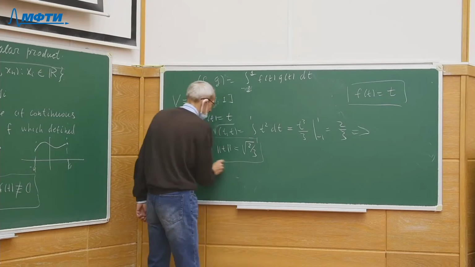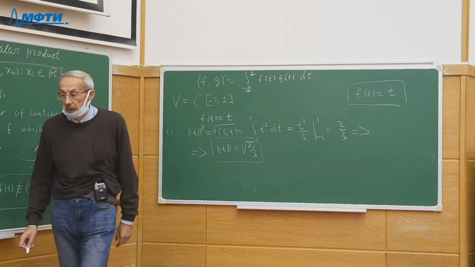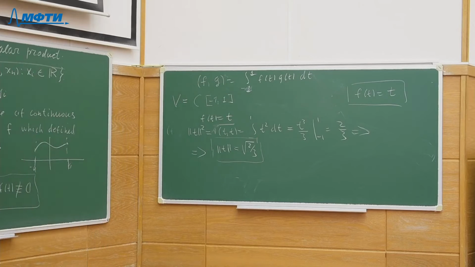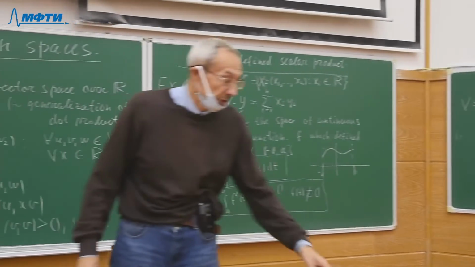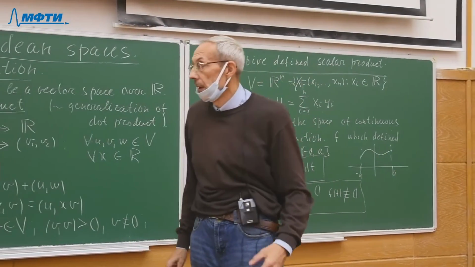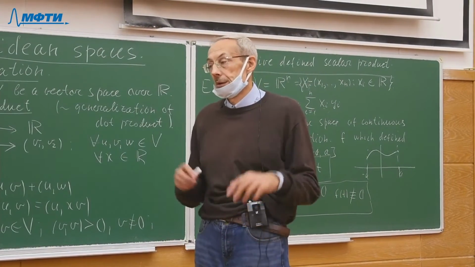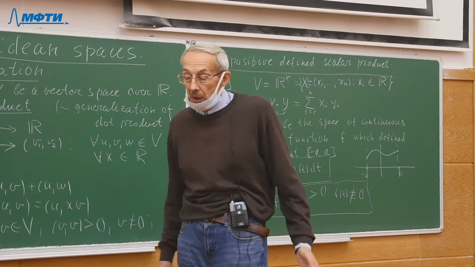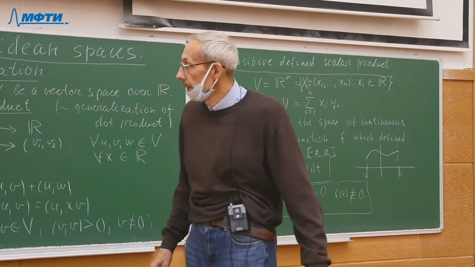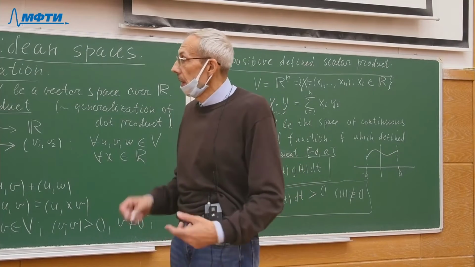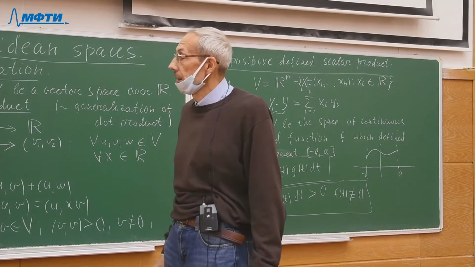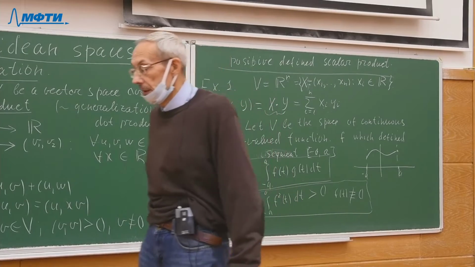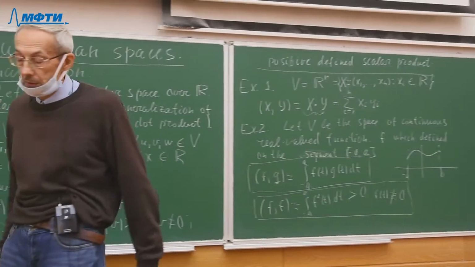And in this case, we can define the norm of a function, and we can speak about the length of the function. In the same way, we can also define the angle between two continuous functions.